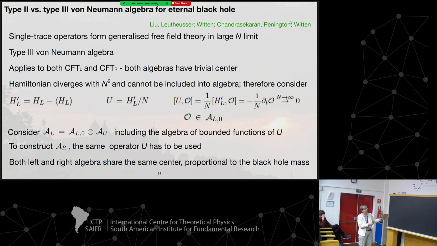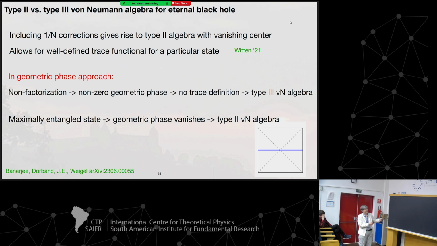But this transition from type III to type II, I haven't expressed in terms of any 1/N corrections. I can just say by analogy to what I had before. If I have a maximally entangled state, then the Berry phase will vanish, and that allows me to define a trace for a particular state, namely this one. So that was the logic.